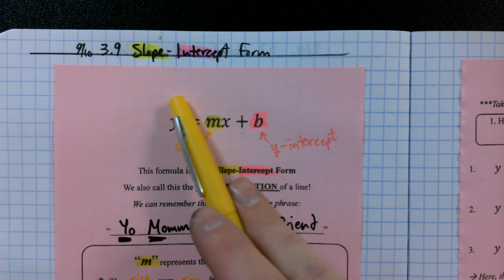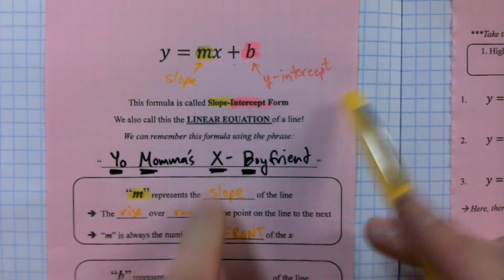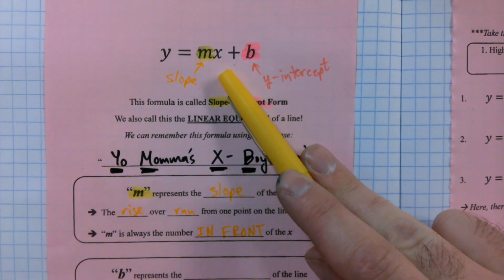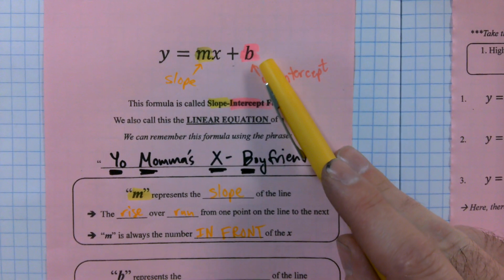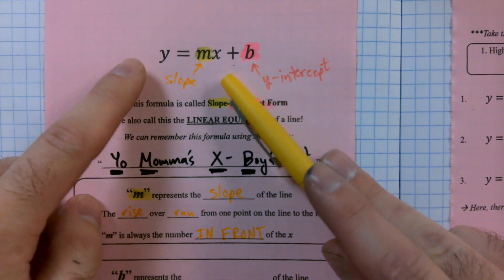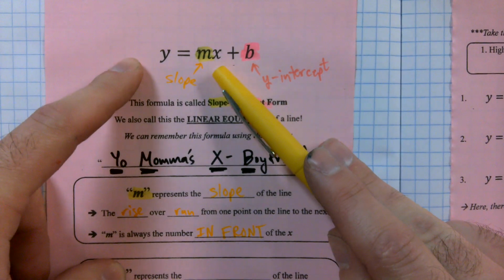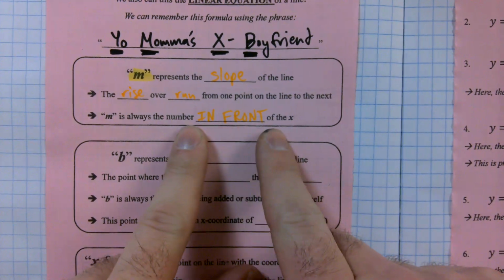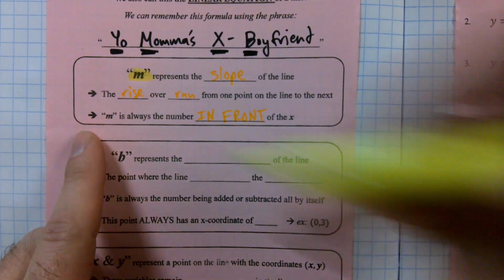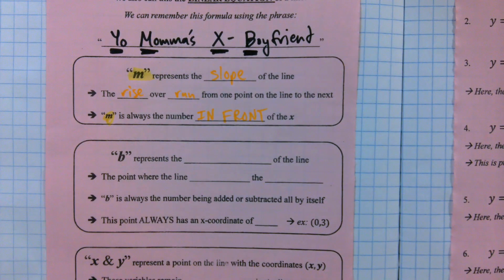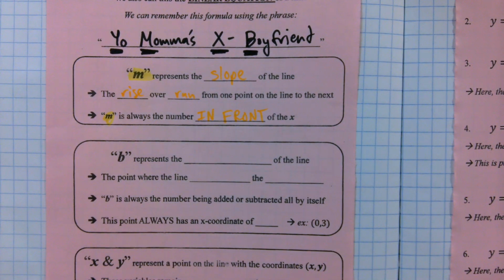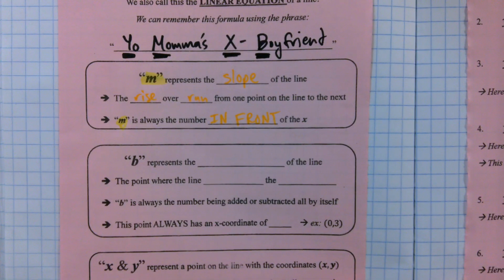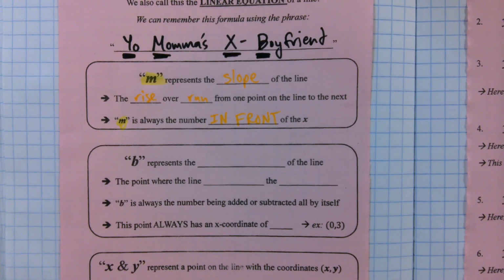So it's called slope-intercept form, right? My M, my slope, is going to be some number. My B, my intercept, is going to be some number. But my Y and my X are going to stay as Y and X. Okay? So we'll see in X, whatever number's in front, that's my M. And I'm going to highlight this little M right here too. Okay, so that's one of the most important parts, is understanding our M.